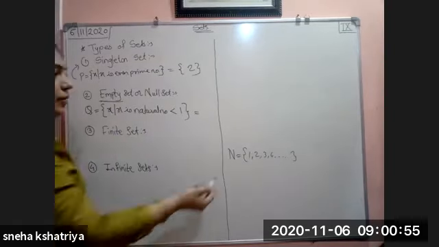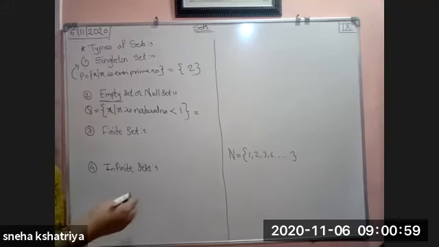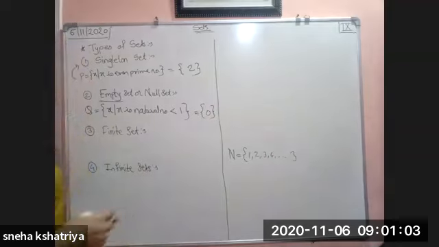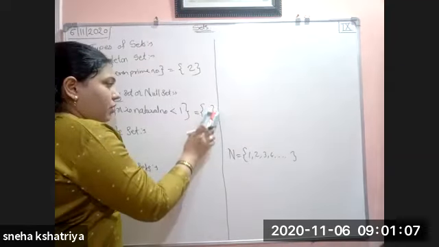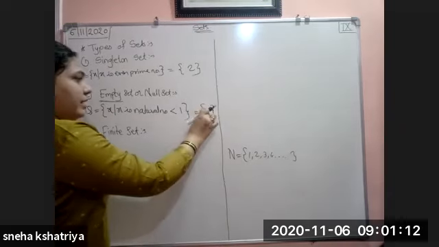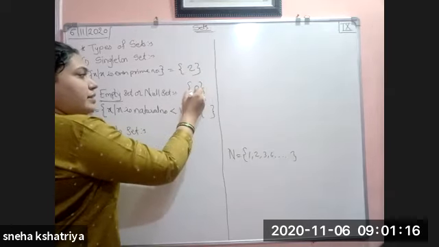It is not possible, because less than 1 there is no such element in N. Therefore this set becomes an empty set, it does not contain any element. Sorry, 0 is an element, so 0 you can write as an element. Here also, if you write {0}, it is a singleton set, because 0 is an element.